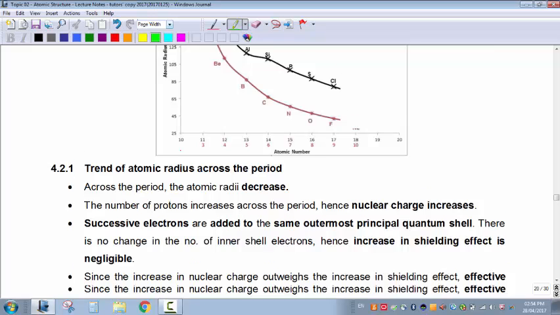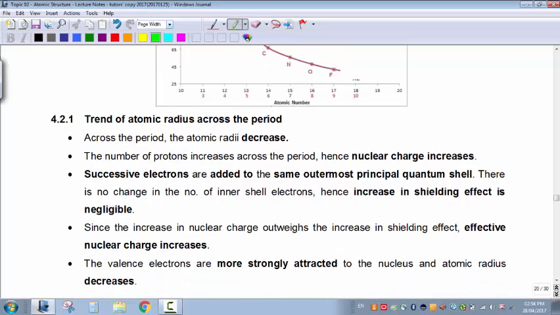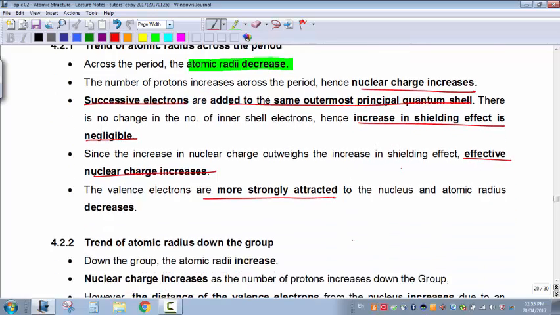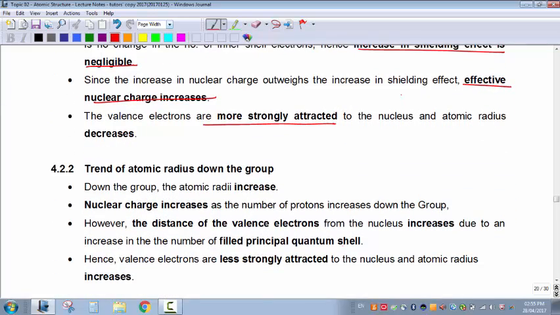Across the period, the atomic radii decreases because of the same reason we discussed just now: nuclear charge increases, successive electrons are added to the same principal quantum shell, increase in shielding effect is negligible, and hence effective nuclear charge increases, the valence electron is more strongly attracted, and thus your atomic radius decreases.